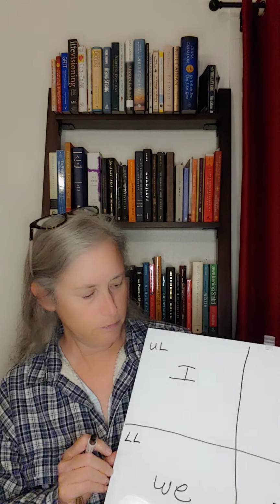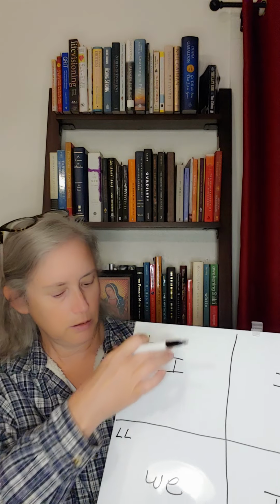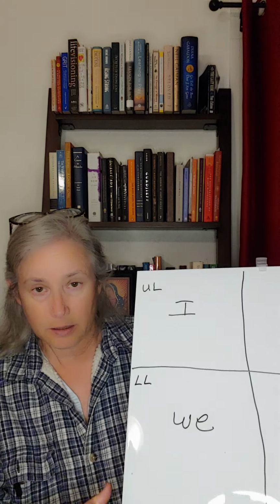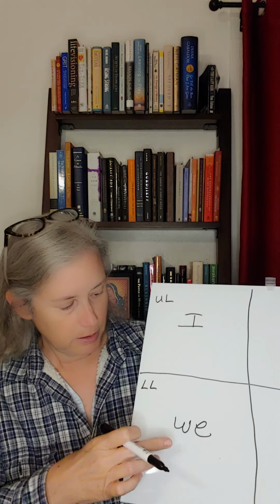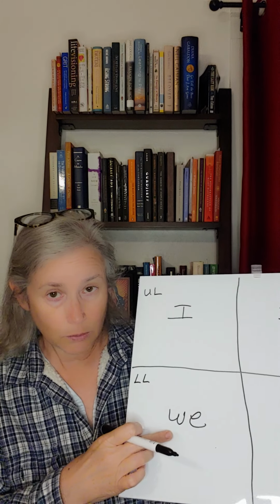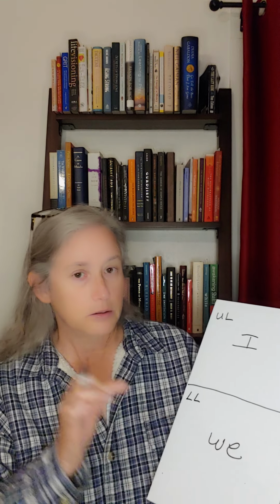Okay, so in a nutshell, we have 4 quadrants that we're talking about. Most of what you and I are going to talk about is going to be on this left side panel, right? Because we've all got an I and we've got a we in this group. So 2 other points. Well, maybe 3.